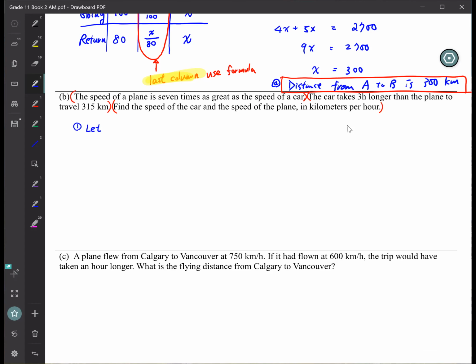Speed of the plane. Okay, speed of the plane, so you want that to be x? Sure. Is there anything else we want to find, or is that the only one? Speed of the car as well. Okay, speed of the car.